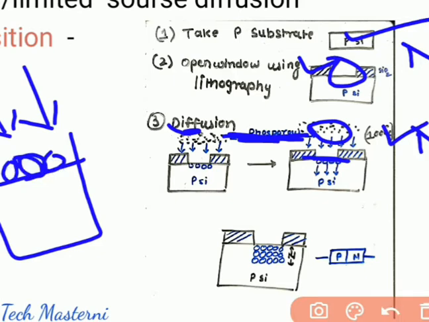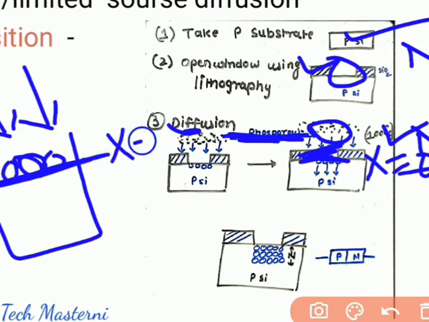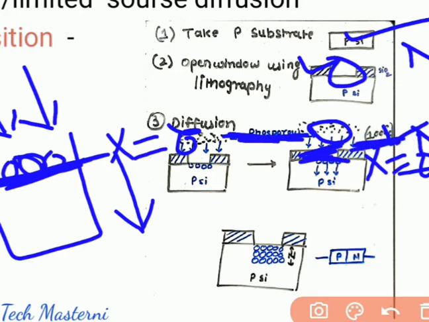Now let us see, after diffusion of this Nd into the surface, which is x equals 0, as x increases in this direction. At x equals 0, your concentration will be the solid solubility, and if you increase the temperature to 1000 degrees centigrade, then there will be a diffusion process.